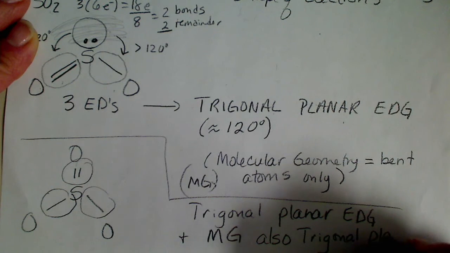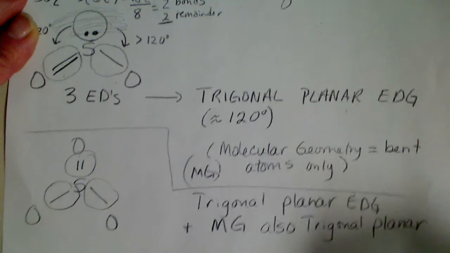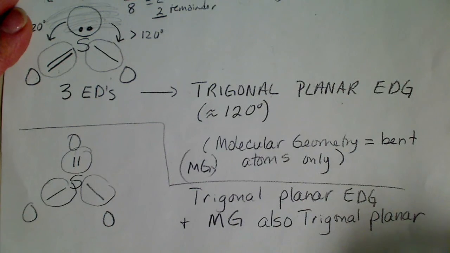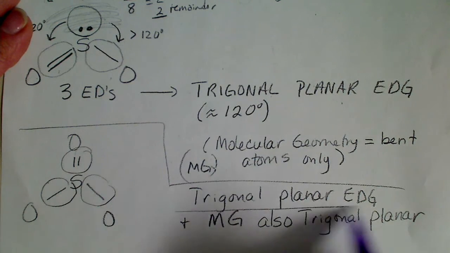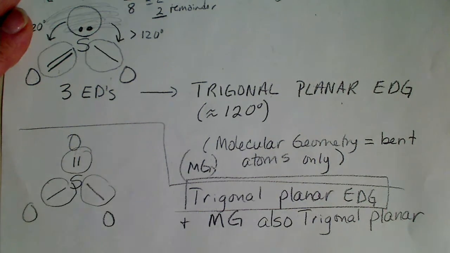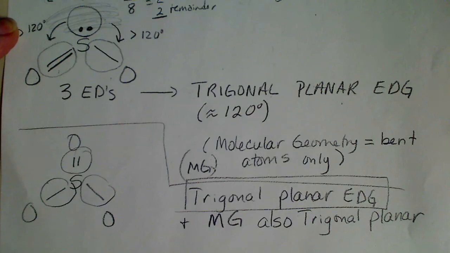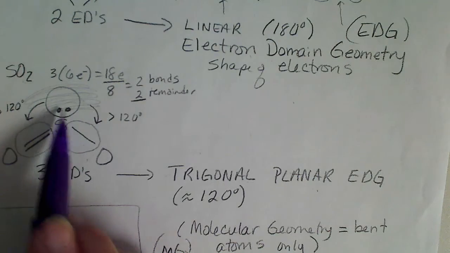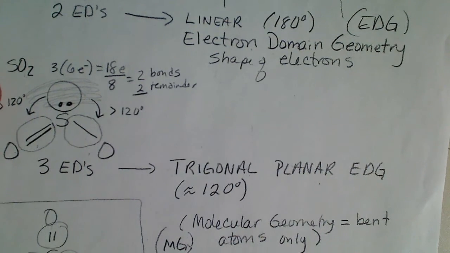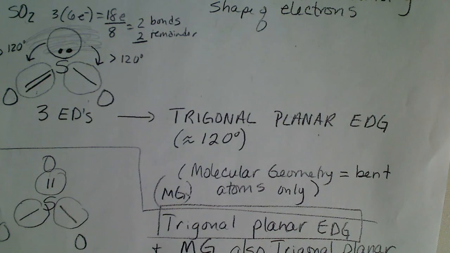So again, the shape of the molecule itself is not critical here. We're learning the electron domain geometries. So every theory that we're going to look at in this next unit is going to depend on how many groups of electrons there are around the central atom. So a valid dot structure is essential for coming up with the correct geometry.